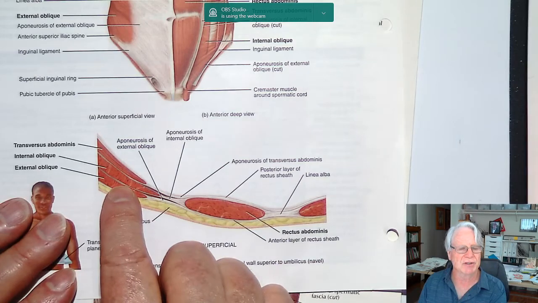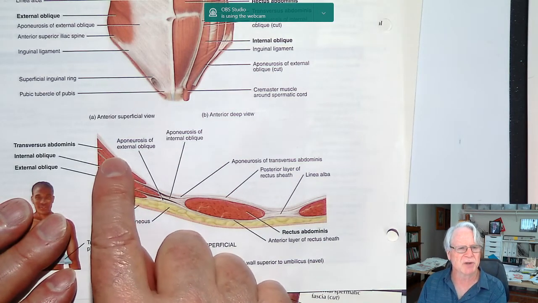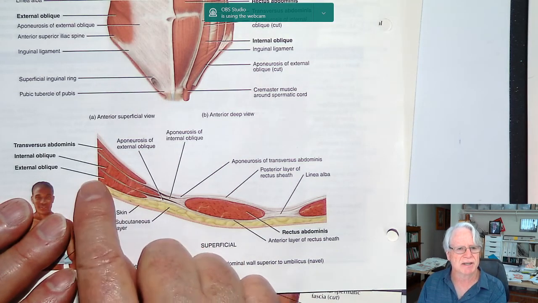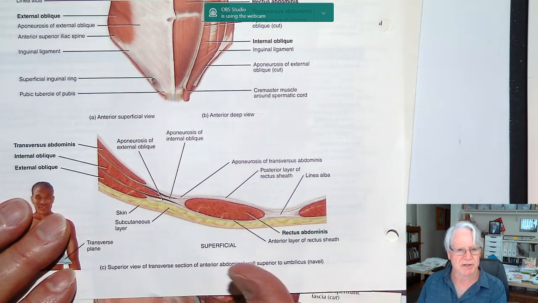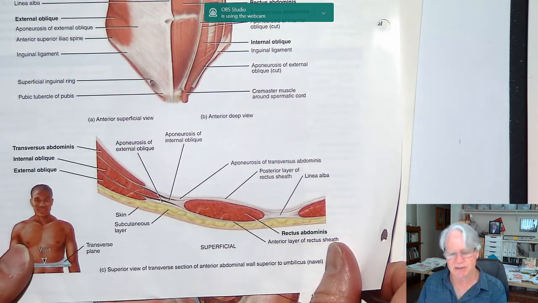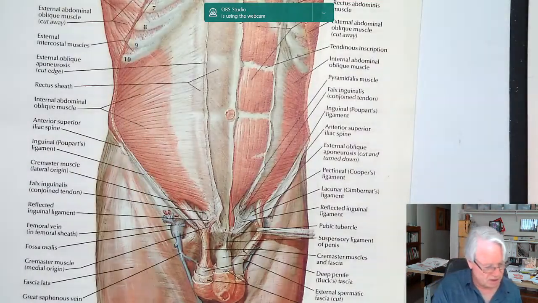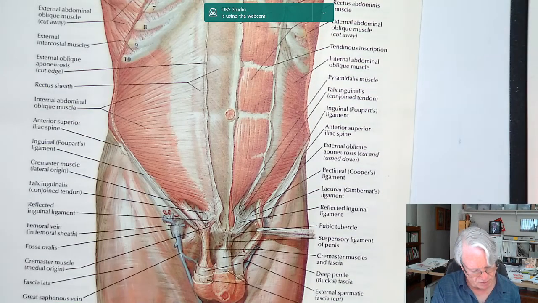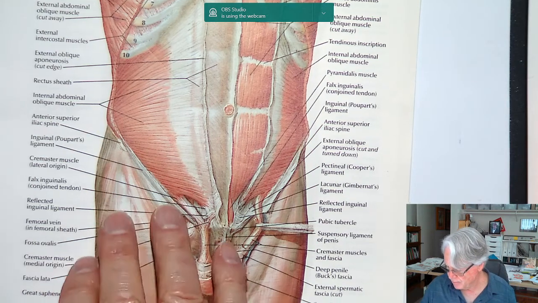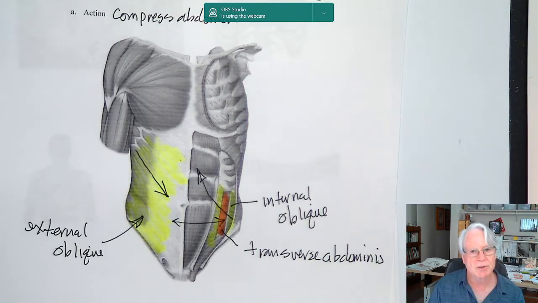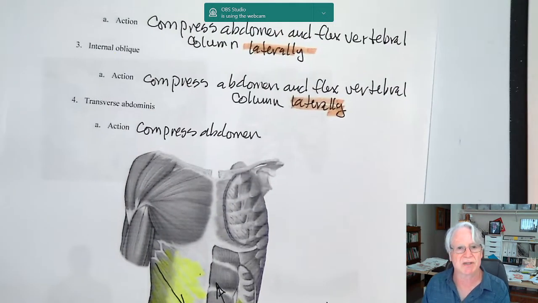You'll notice that the deepest is transverse, then internal, and then external, in terms of the layering of these muscles on top of each other. And all you had to know with those was the actions.